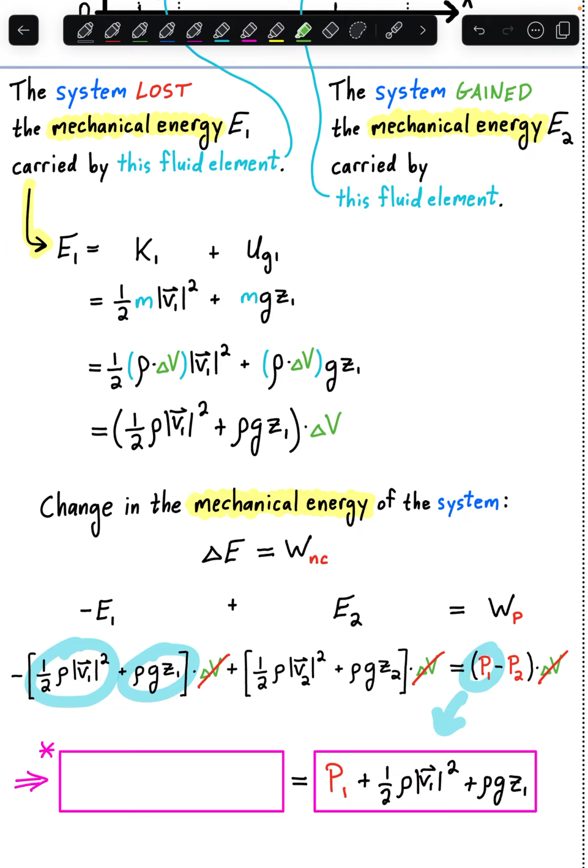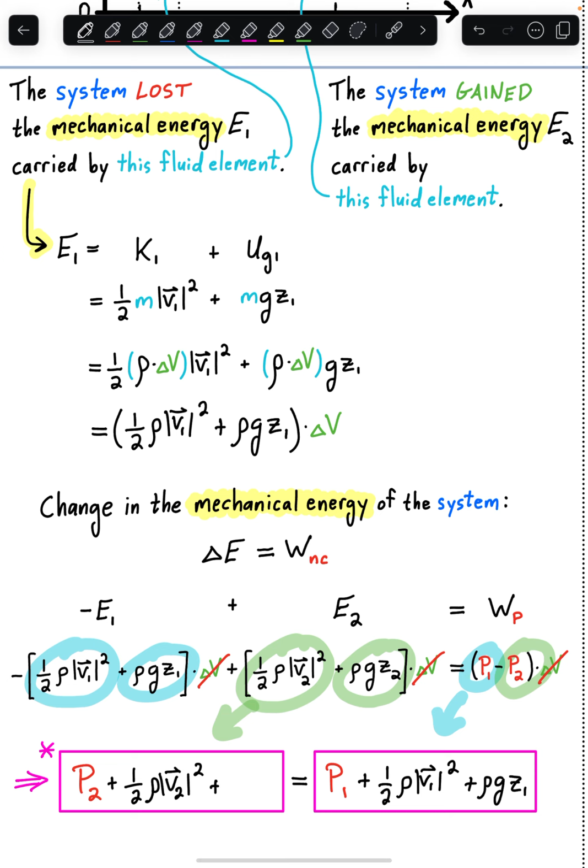And then the remaining terms, the gate 2 terms, let's collect those over on the right-hand side to write that the pressure at gate 2 plus the kinetic energy density at gate 2 plus the gravitational potential energy density at gate 2.